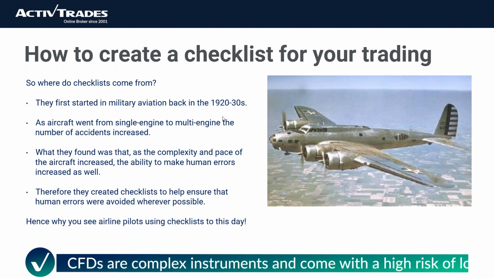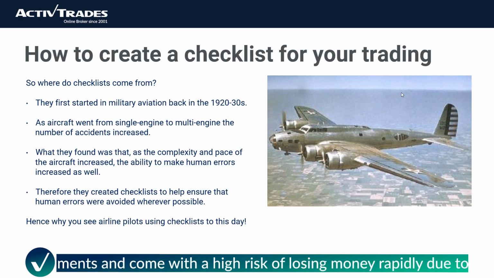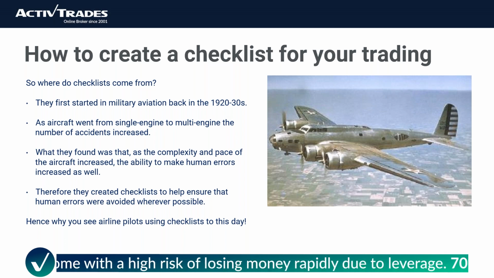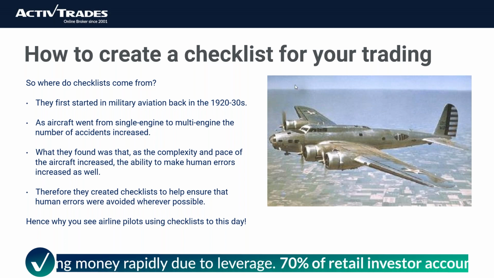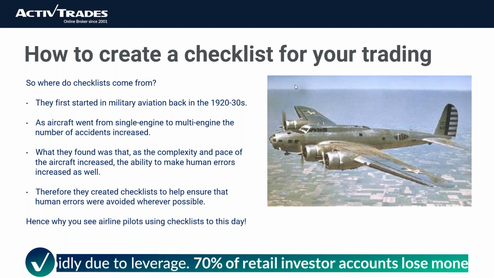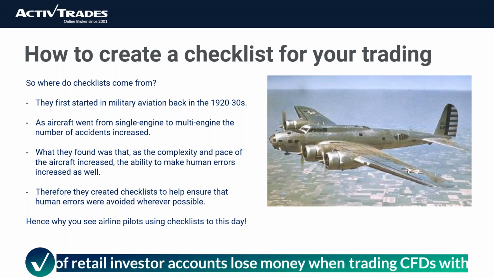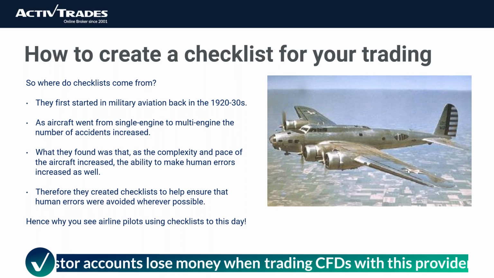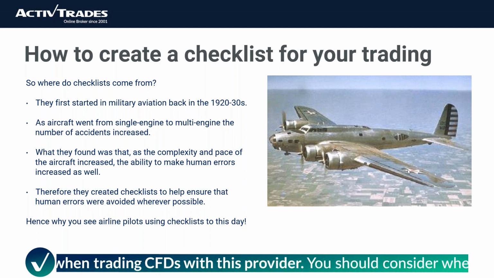So one of the questions might be, well, okay, Paul, where do checklists come from? Why should we be interested in utilizing them? Well, when we look at checklists, they first came about out of military aviation back in the 1920s and 1930s.